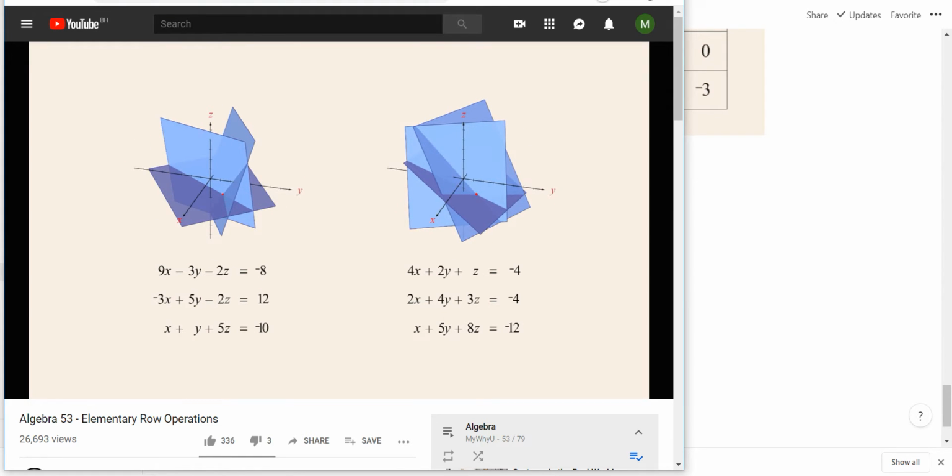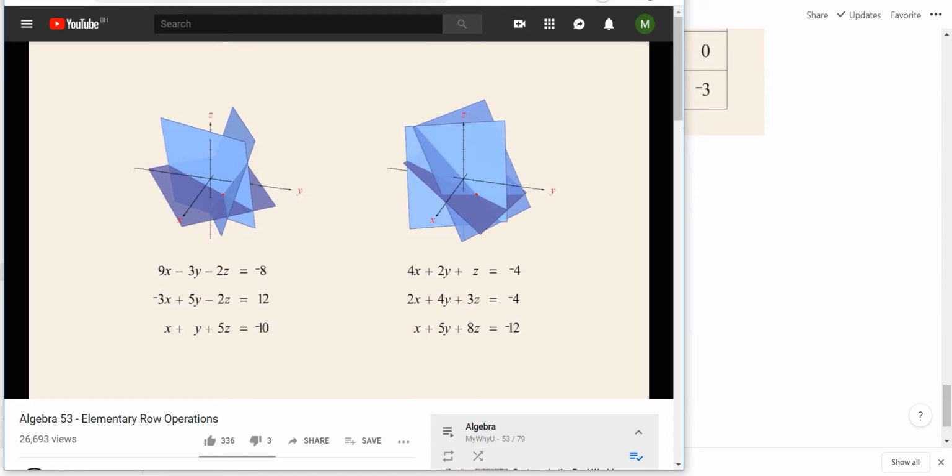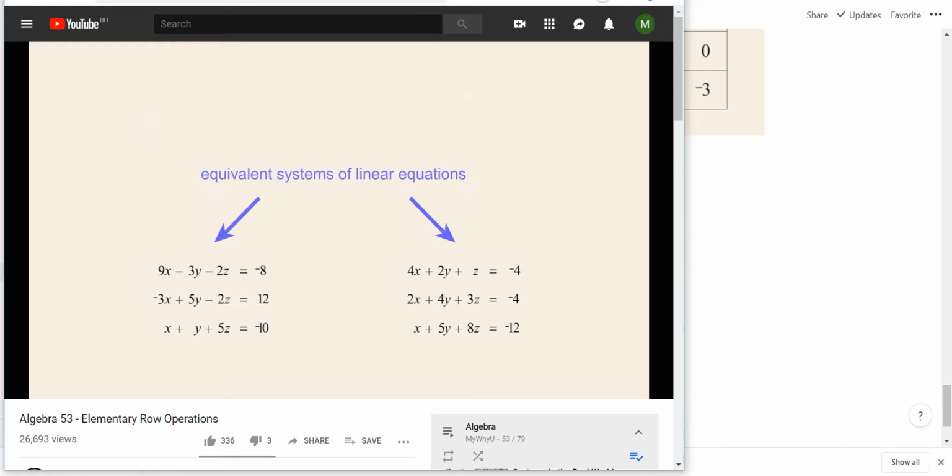Although the planes in the first system are different from the planes in the second system, the point of intersection of the planes is the same in both systems. Since both systems of planes intersect at the same point, they both have the same solution and are therefore equivalent.